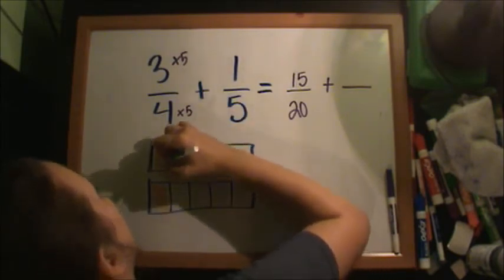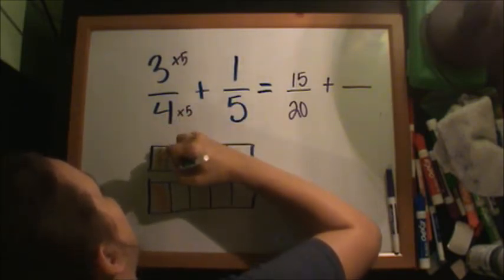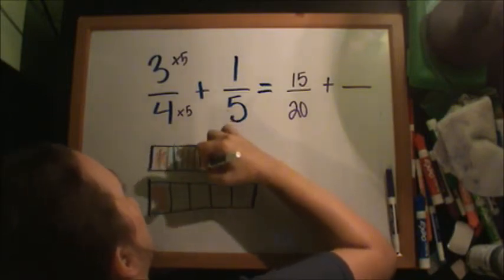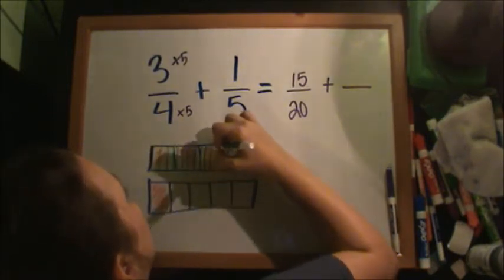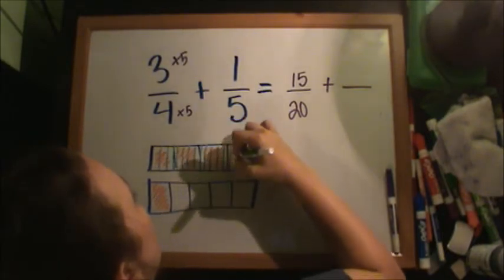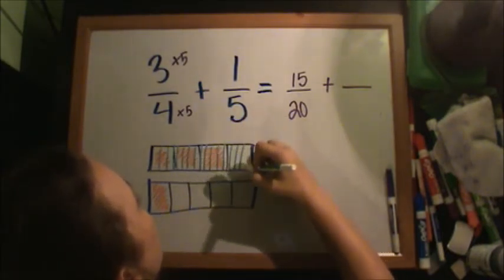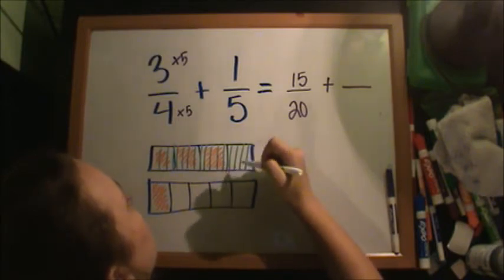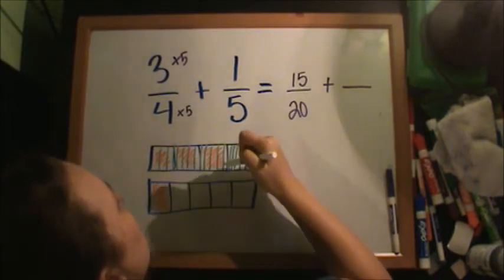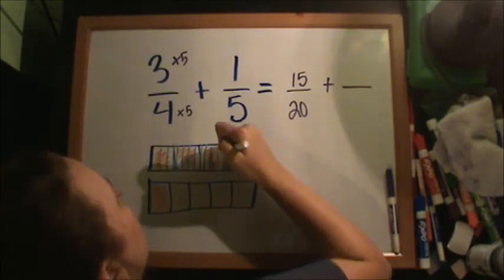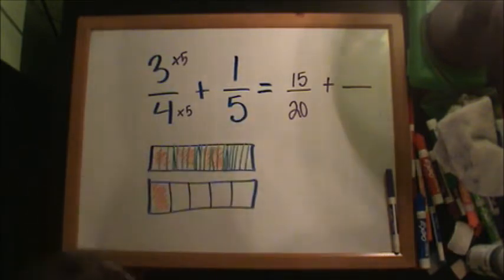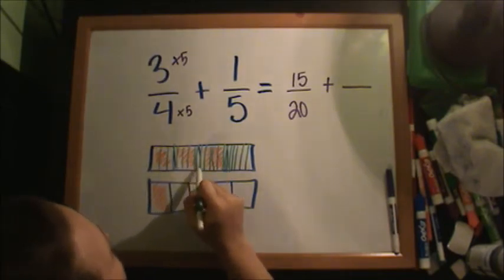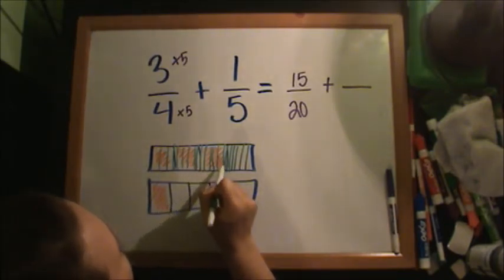Okay, so 1, 2, 3, 4, 5, 6, 7, 8, 9, 10, 11, 12, 13, 14, 15, 16, 17, 18, 19, 20.